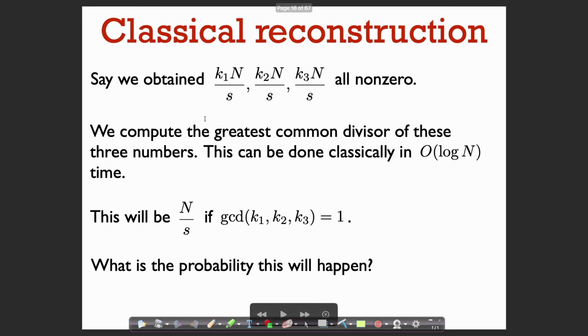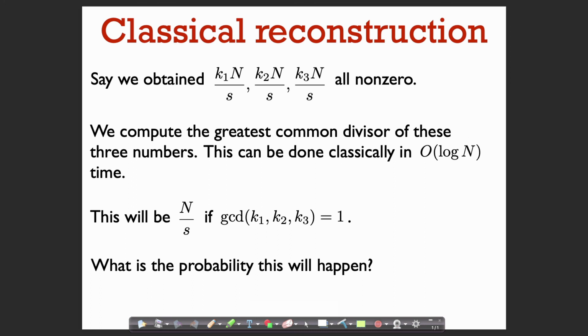Okay, good. So now let's say that we've obtained 3 non-zero values of K. So now we know K1 times N divided by S, K2 times N divided by S, K3 times N divided by S. Okay, so we see these 3 numbers as outcomes of our measurement.